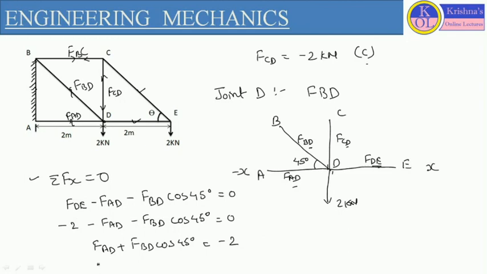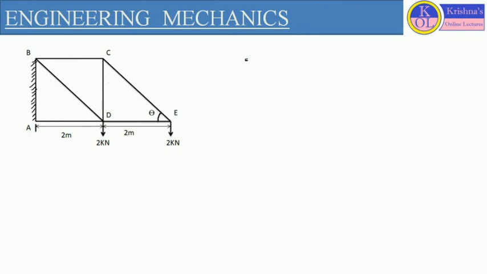Now we cannot define these two unknown terms with the help of one equation. So we will define another equation with the help of summation of Fy equals to 0.